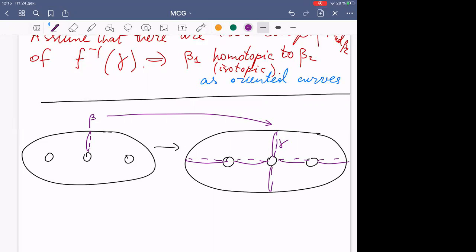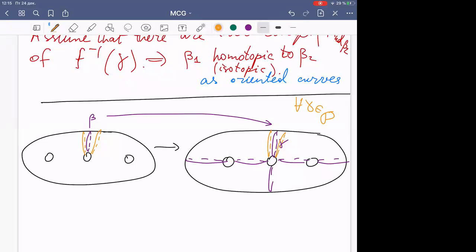Moreover, it maps diffeomorphically, and a regular neighborhood of beta is mapped diffeomorphically onto a regular neighborhood of gamma. So after these homotopies, we achieve that the situation is like that for each gamma in our Pants decomposition.